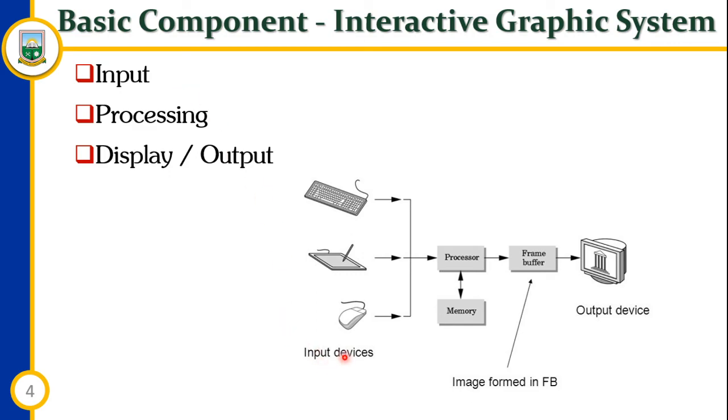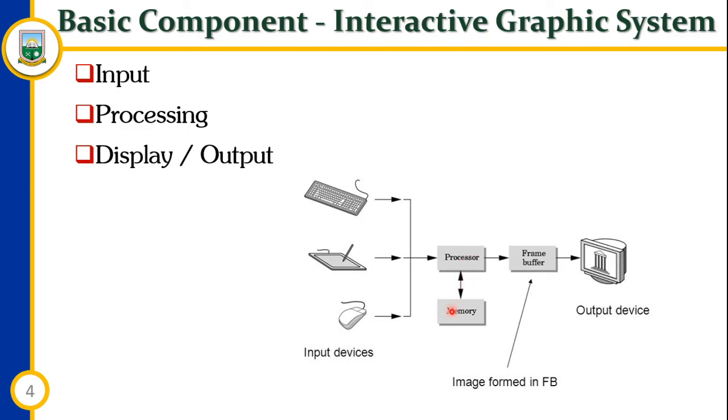So you can see some examples of the input devices that are used as the basic components of an interactive computer graphics system. And over here we have the processor, the brain of the computer.